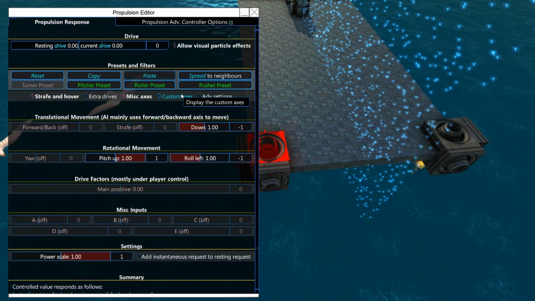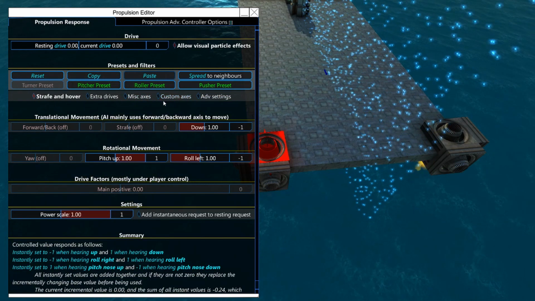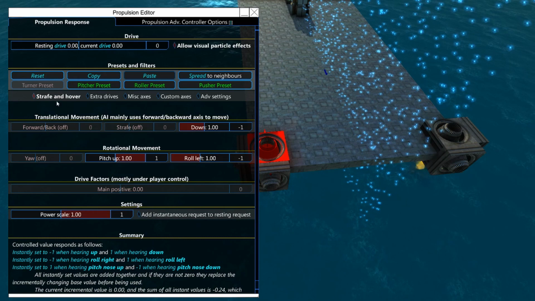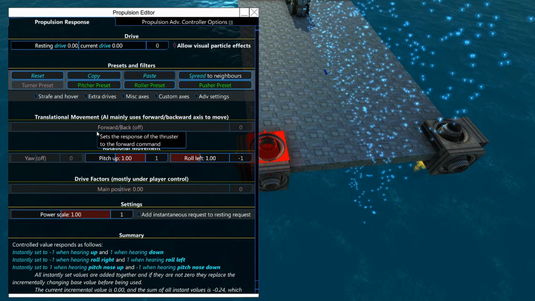Now I could see using miscellaneous or custom axes if you're using those features with, say, a breadboard or an ACB circuit or something along those lines, but for the most part the strafe and hover is enough to get the point across.